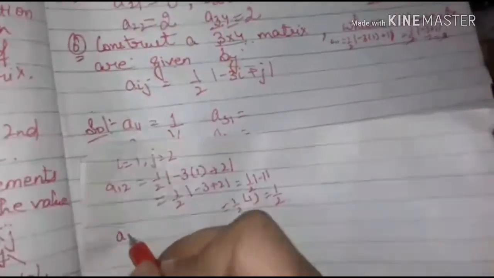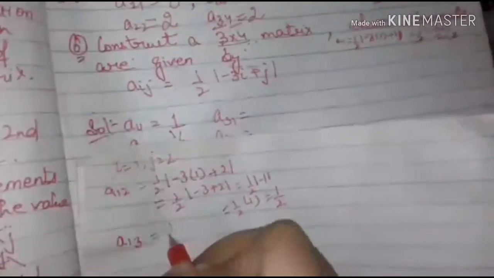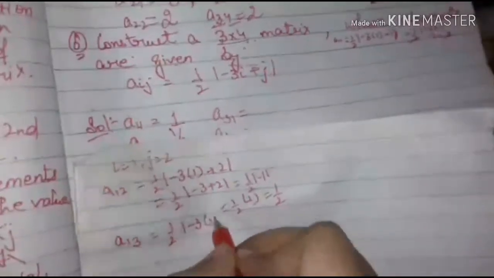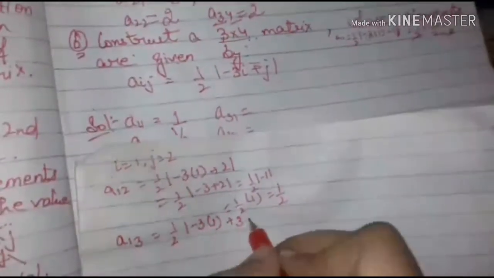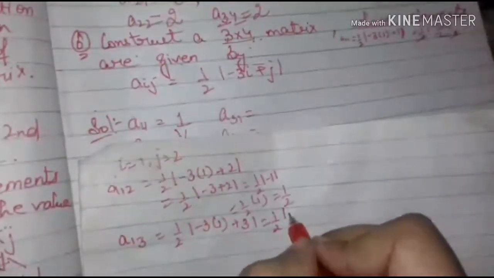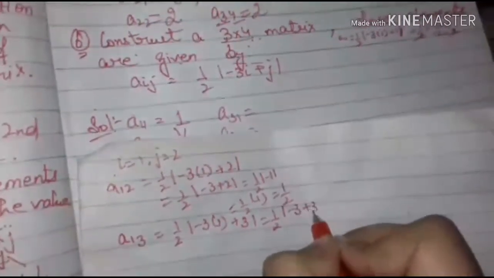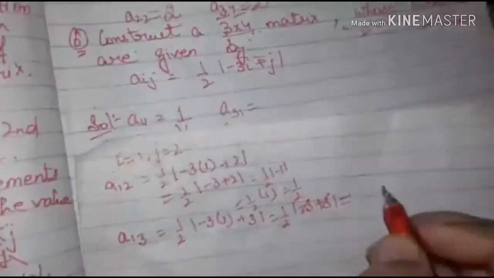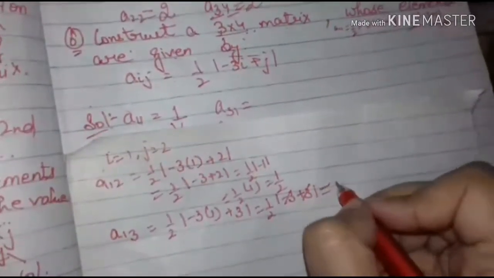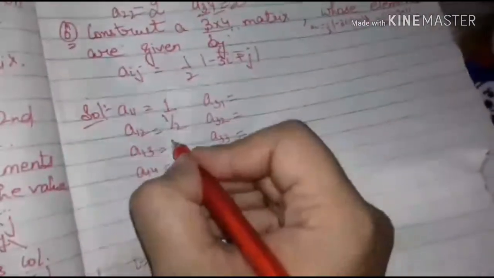Now we have to calculate A13. 1 by 2 mod of minus 3 into 1 plus 3. This will be equal to 1 by 2 mod of minus 3 plus 3. This will be 0, and when we multiply 0 with any number we get 0. So A13 will be 0.